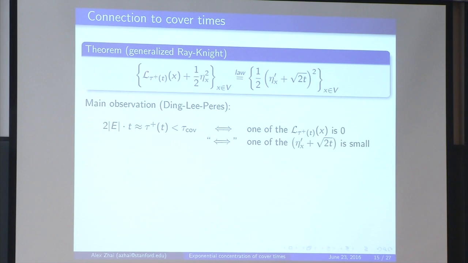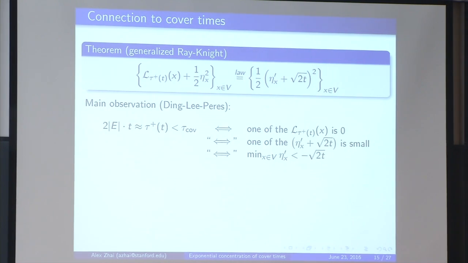So we think of this entire left-hand side as being small if the local time is 0, which corresponds to this right-hand side being small. And the right-hand side being small says that eta prime x is close to negative root 2t.